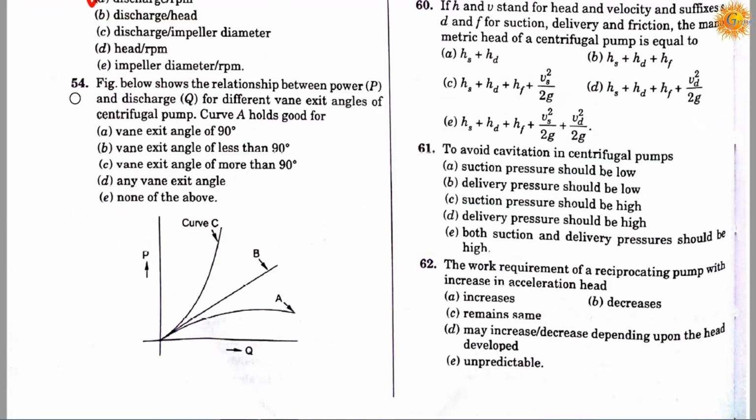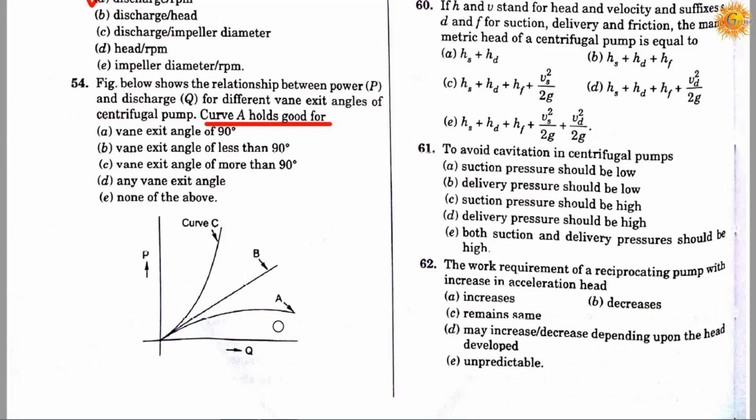Question number 54. Figure below shows the relationship between power P and discharge Q for the different exit angles of a centrifugal pump. Curve A holds good for.